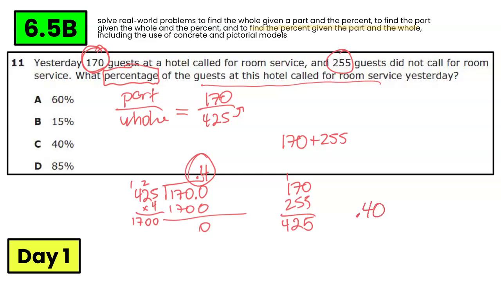We then need to convert that into a percentage, which we learned how to do on Monday of this week, just by moving the decimal point 2 places to the right and adding a percent sign. And so therefore the percentage of guests that did call for room service would be 40%.